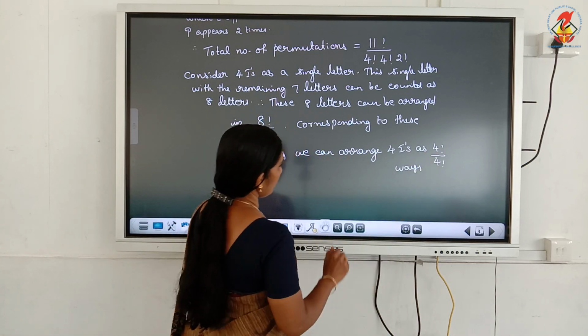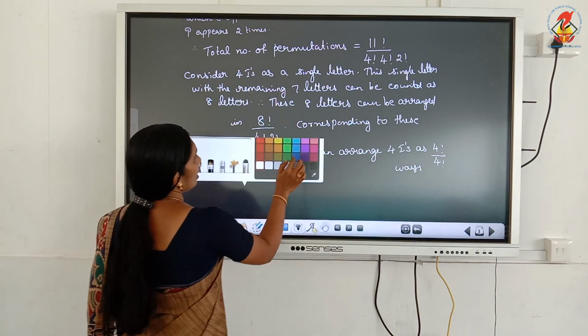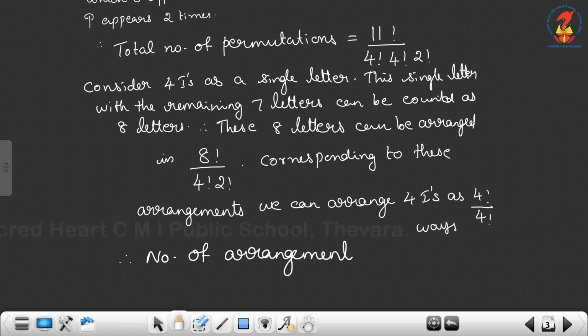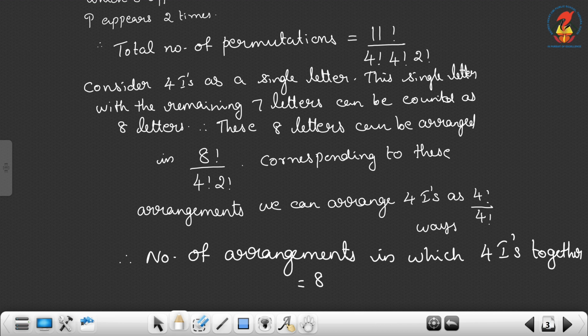Okay. Therefore, the number of permutations, number of arrangements in which 4 I's are together is equal to 8 factorial by 4 factorial into 2 factorial, into this, but that will cancel.